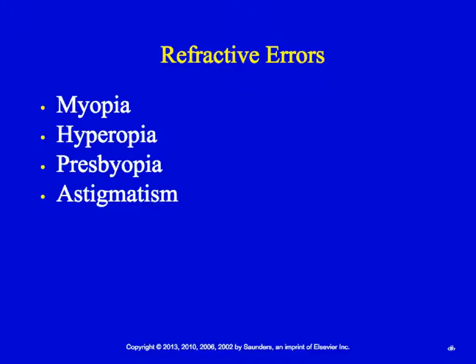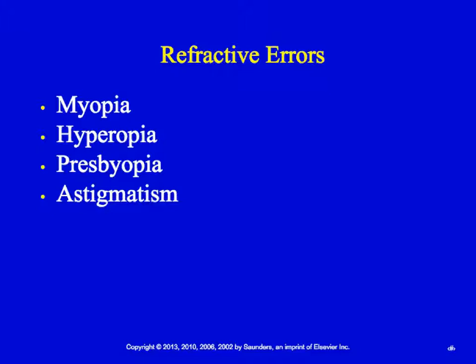Myopia is simply nearsightedness, where the eye over-refracts the light, so the images fall in front of, not on, the retina. Hyperopia is farsightedness. The refraction is too weak, causing an abnormality in where the images are focused, so they fall behind the retina in hyperopia.